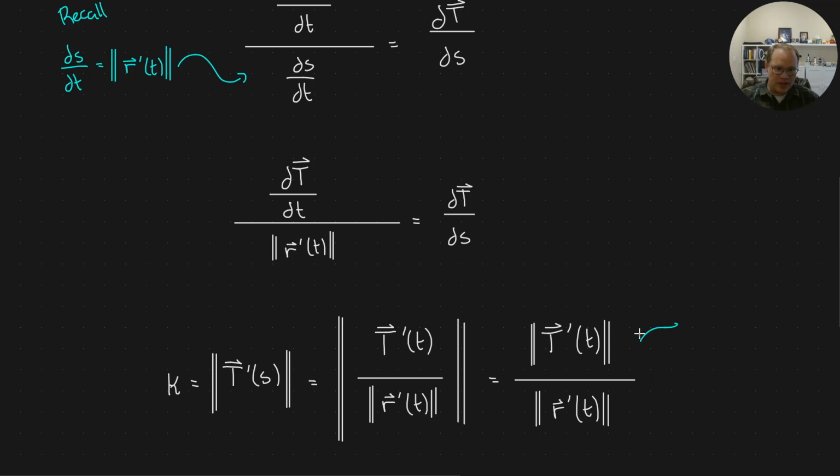Okay, this is a much more workable formula for the curvature than this one over here. Because we don't have to deal with the arc length parameter at all, which is very nice. Even though this definition over here is the one that makes more intuitive sense. This one's going to be the easier formula to calculate.